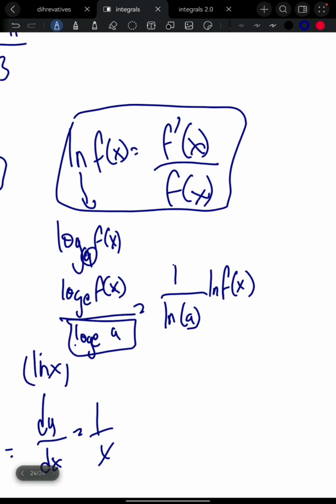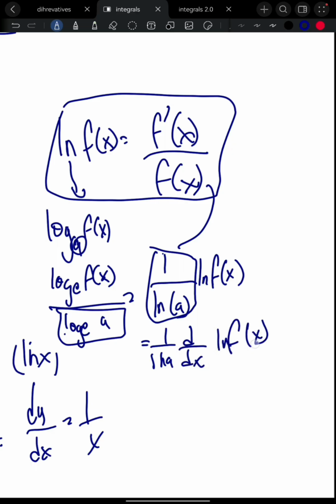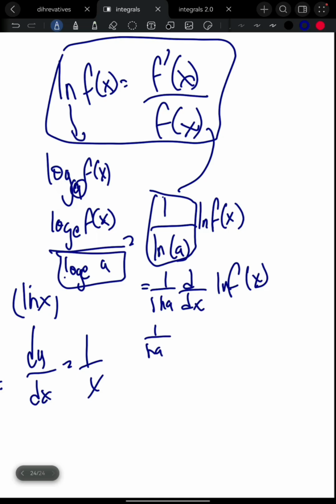And if you want to find the derivative, we know this is a constant, so you can take it outside the derivative. So it's just going to be 1 over ln of a times d by dx of ln of f of x.